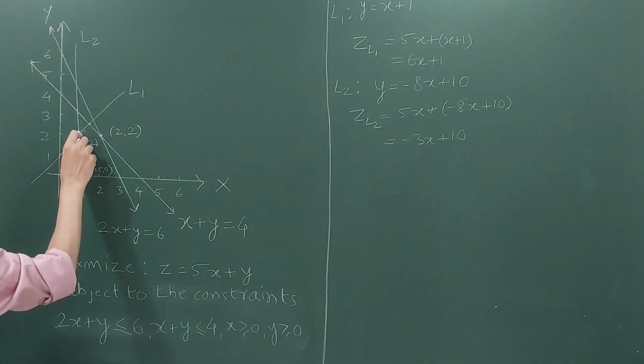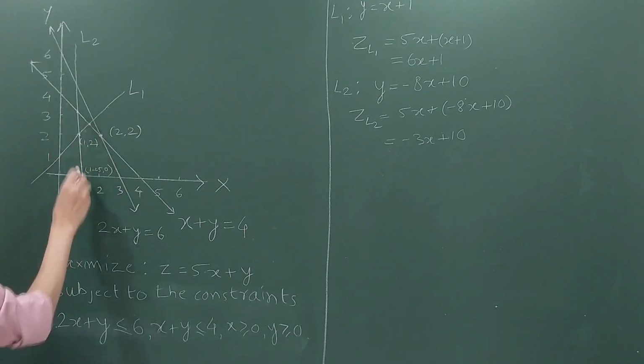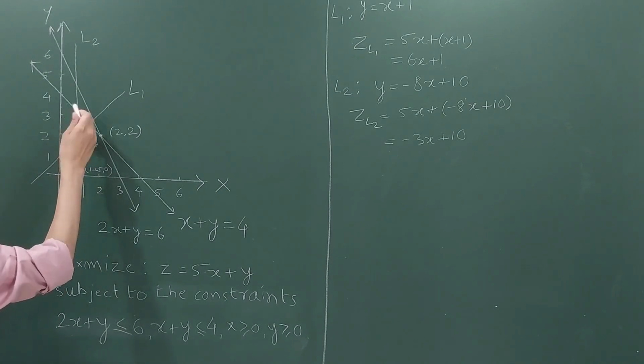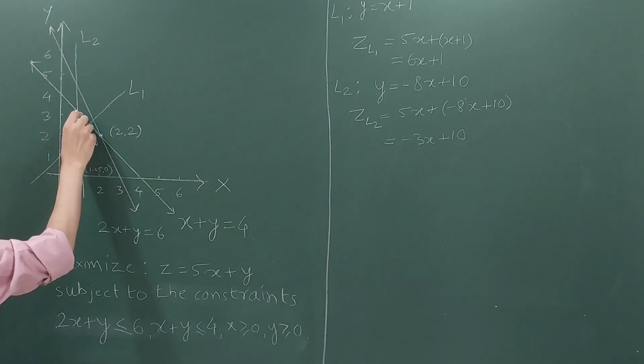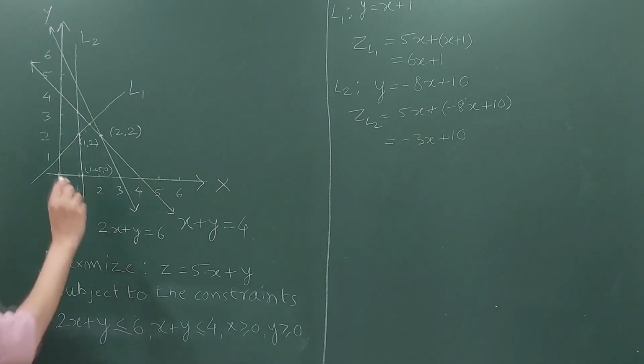So in this feasible region, this is the boundary point, and this also is the boundary point, and the x coordinate of this point is larger than the x coordinate of this point. You observe it carefully. So the x coordinate is increasing as we go downward. All right, fine.